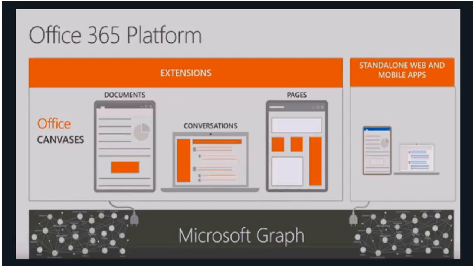So, they use this word canvases when they talk about interacting with the Office 365 framework. The idea is that we can look into documents and conversations and SharePoint sites and threaded conversations on Teams and all of these kinds of things to help bubble up things.